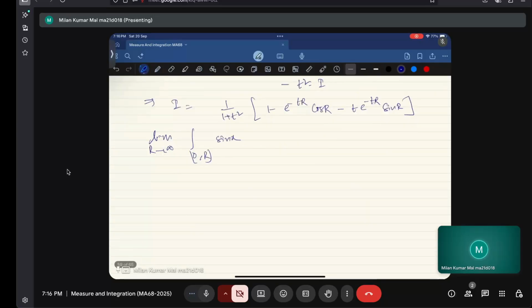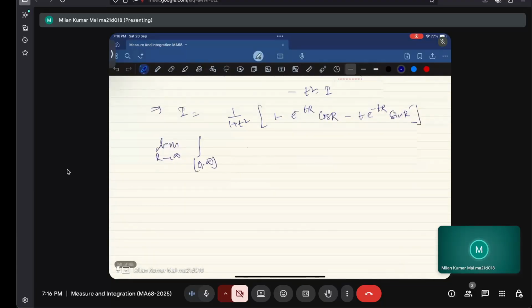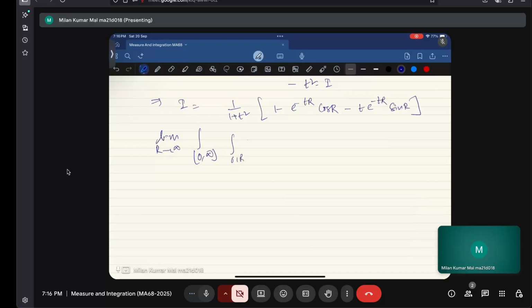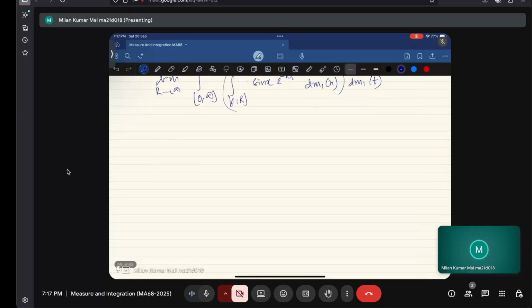Okay, now one can write 0 to infinity first place, second place 0 to r, sin x e to the power minus xt whole dm1x, and this is dm1t. This can be written as limit r tends to infinity, 0 to plus infinity.